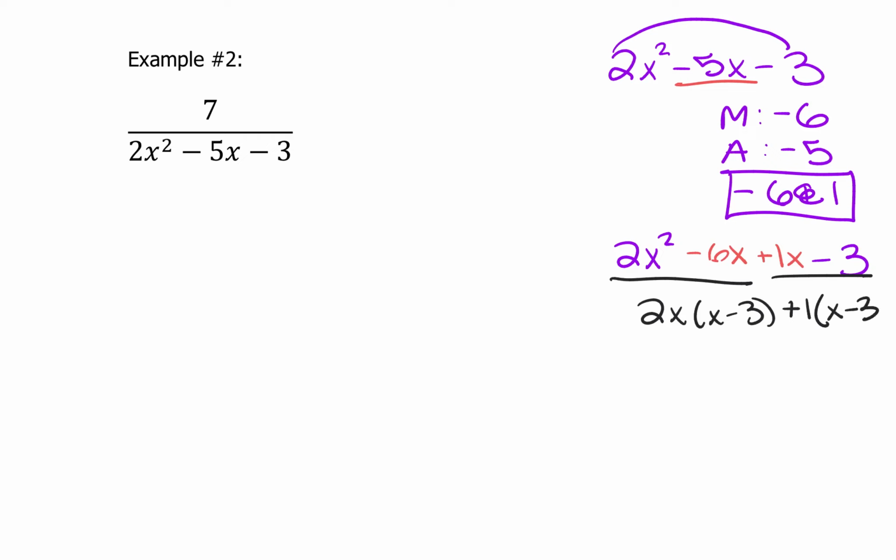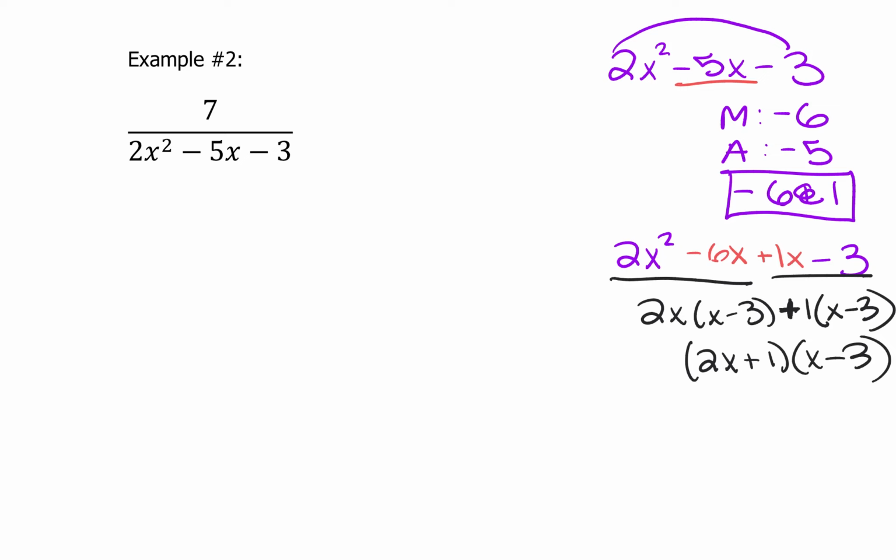You don't want to just write nothing here. It is a +1. So we wind up with 2x plus 1 and x minus 3 as our factors here. So notice, just like we said before, this is case 1. We've got it broken down into factors that are not the same and they're linear.